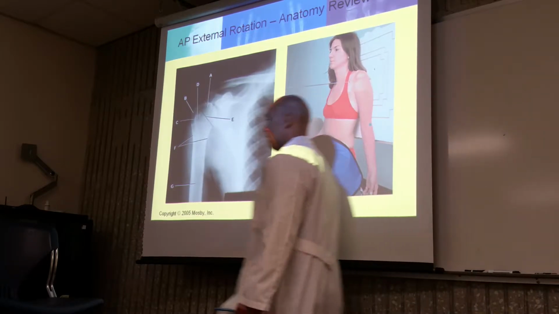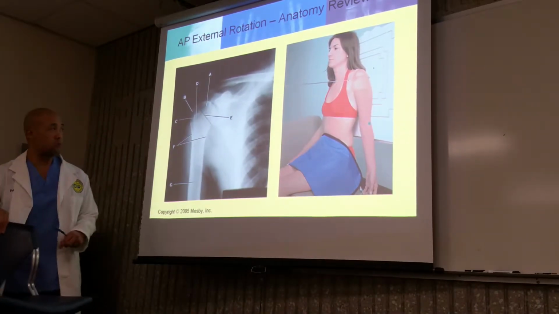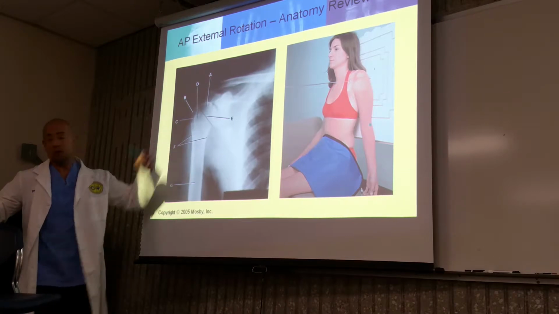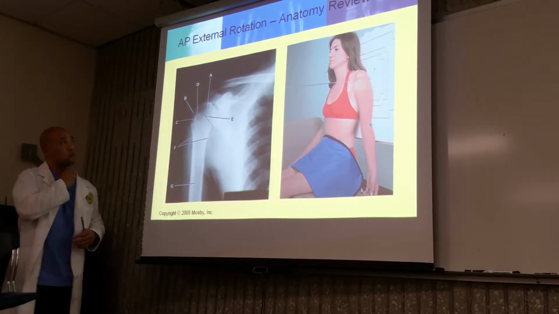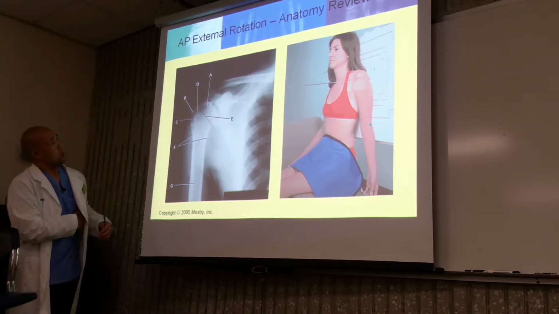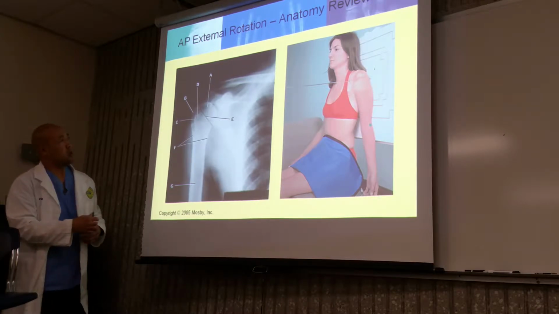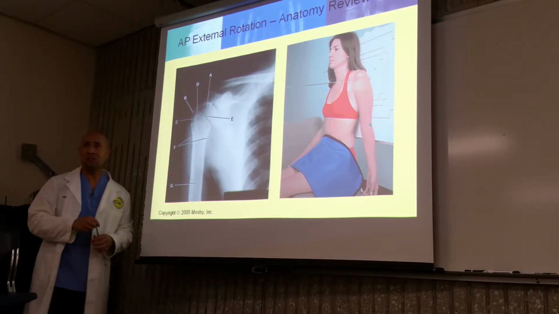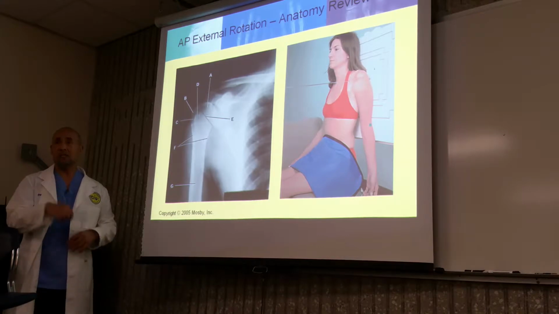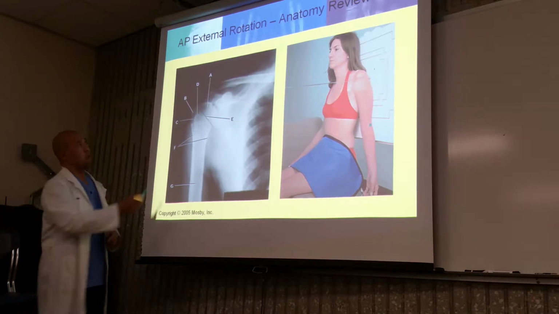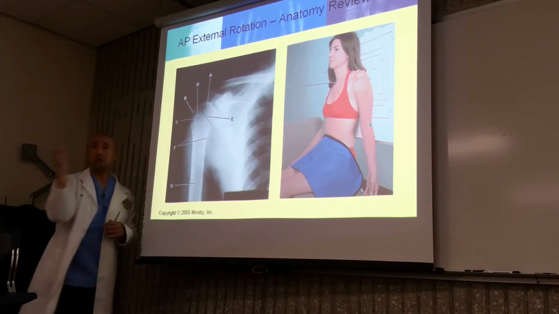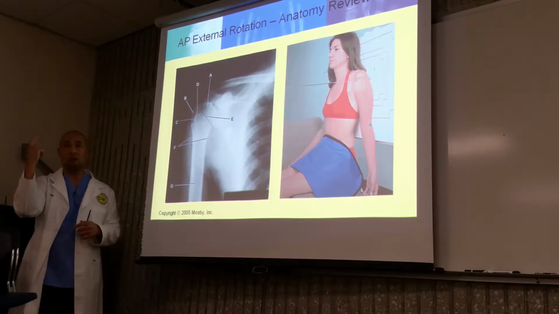So when we get an AP humerus, now we're looking at the most proximal part of the humerus, which is the shoulder. In the true AP, what's going to be demonstrated here, obviously, is the greater tubercle, which is right here on the side, because we said the greater tubercle is going to be lateral and most superior, right?